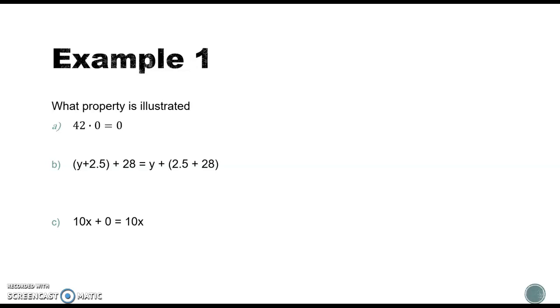All right, so let's go through these examples. What property is illustrated? Well, this one we're multiplying by 0, so that would be the 0 product property. Here I've got parentheses, and when I look closely, yep, the parentheses changed, right? I went from y plus 2.5 to 2.5 plus 28. Notice the order didn't change, and so that's a big deal. Associative property.